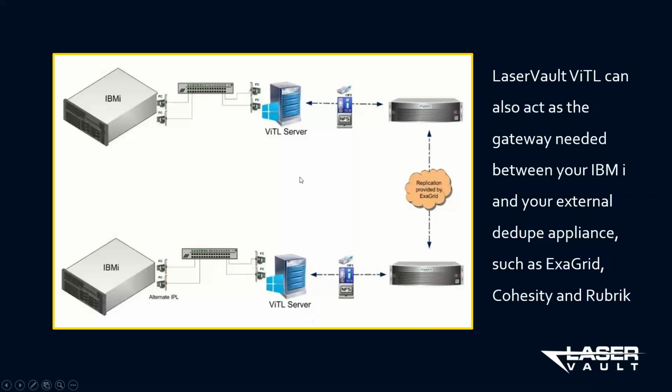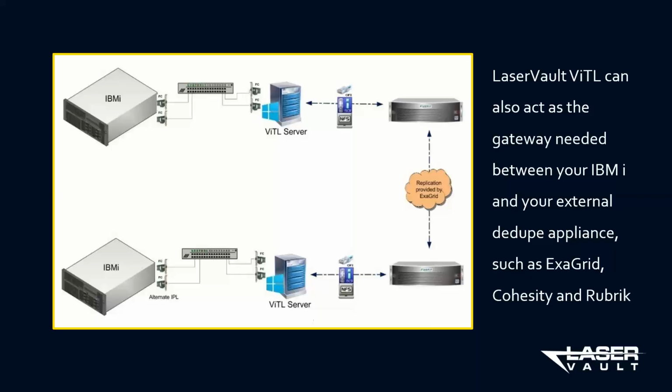This is the basic diagram of a typical installation for many of our customers, depending on their IBM environment. Just to give you a high-level overview of the connectivity that you're seeing, there's the ViTL server, and also the ability to use ViTL to access existing storage, whether that be any of our technology partners such as Exagrid, Cohesity, Rubrik, Pure Storage, IBM Defender Data Protect, whatever.